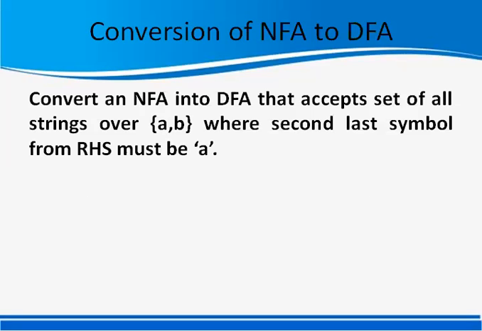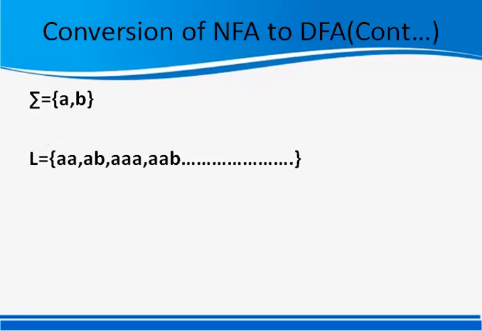Today we are going to convert an NFA into a DFA that accepts the set of all strings over A and B, where the second last symbol from the right-hand side must be A. For this, first we will find the sigma, that is A and B. Here we have to accept strings like AA, AB, AAA and AAB and so on.